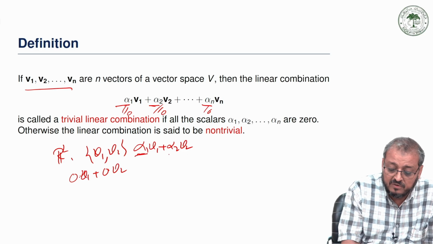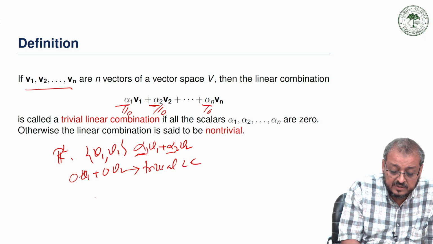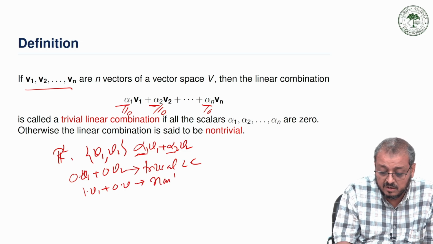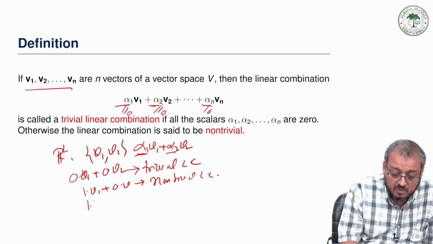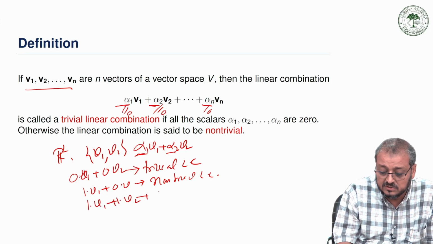If alpha 1 and alpha 2 are both 0, that is 0 into V1 plus 0 into V2, this is called a trivial linear combination. If the vector is written as 1 into V1 plus 0 into V2, it is a non-trivial linear combination.